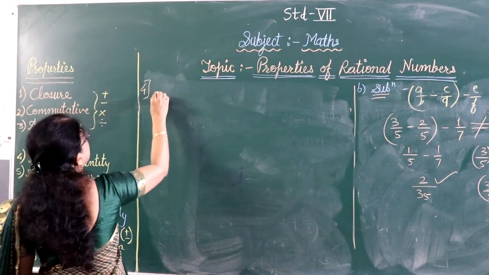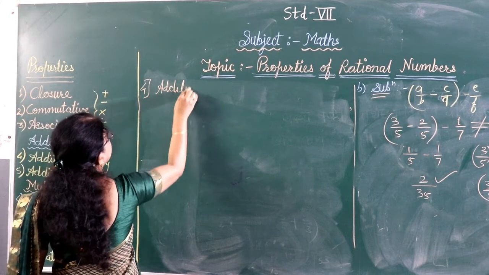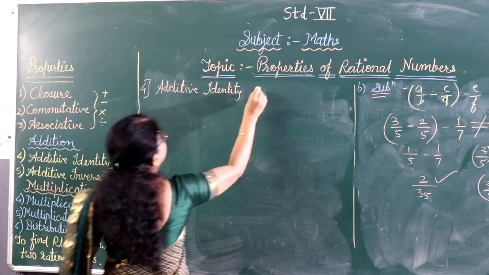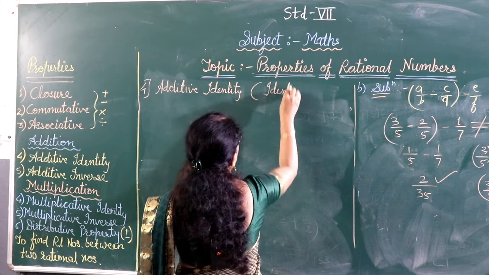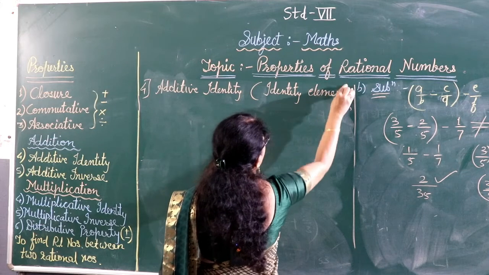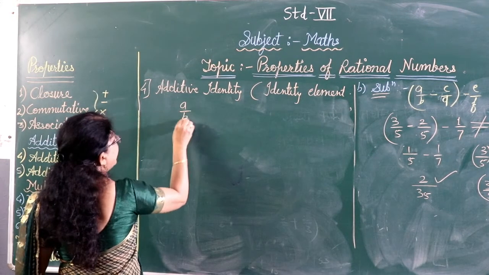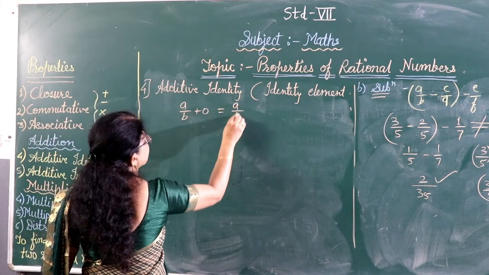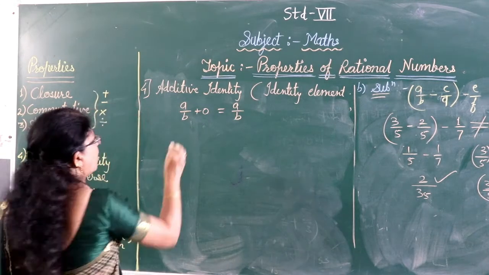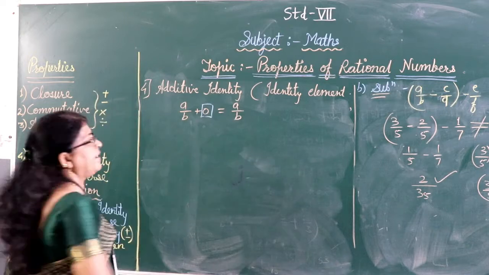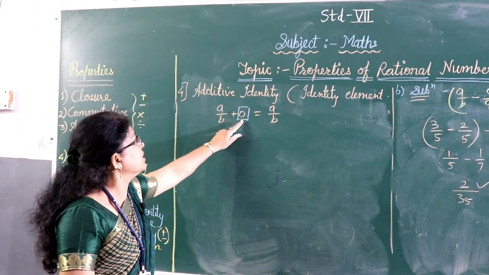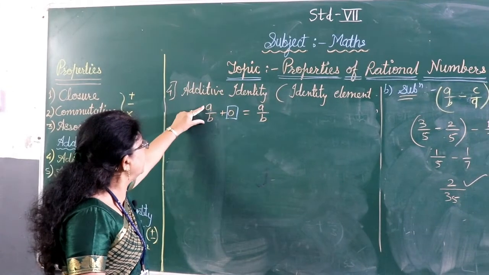This is called the additive identity of rational numbers, or identity element. 0 is the additive identity of rational numbers, because when you add 0 to a number, we get the same number.